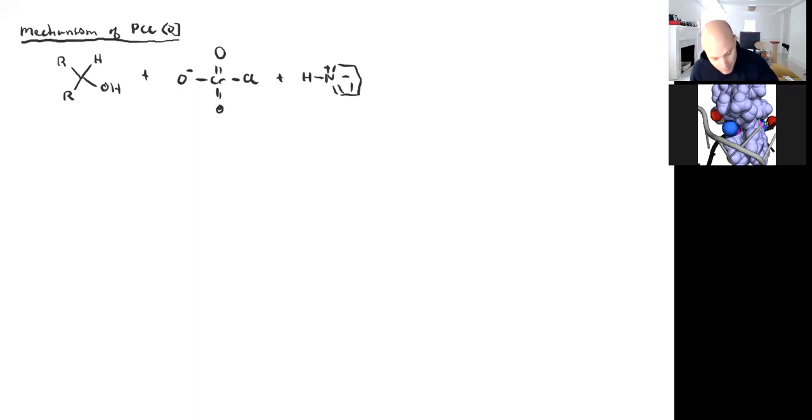The first step here is a little bit different. With the chromic acid, we attacked the chromium, broke one of the Cr oxygen pi bonds. Here we have a good leaving group attached to chromium in the chloride, and so we're not going to break any of the pi bonds. We're just going to displace the chloride with our alcohol. And that will get me to this type of intermediate.